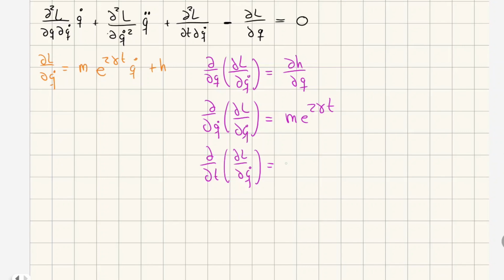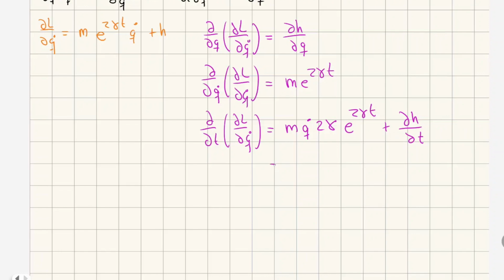It will be m q dot 2 gamma e to the 2 gamma t plus the partial of h with respect to time. In this case, q dot is considered as a constant. So this will be equal to 2m q dot gamma e to the 2 gamma t plus the partial of h with respect to time.